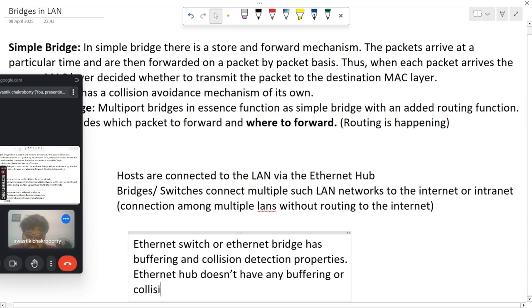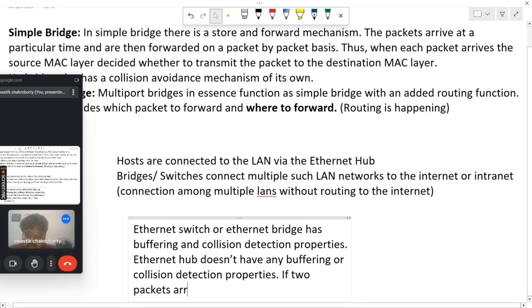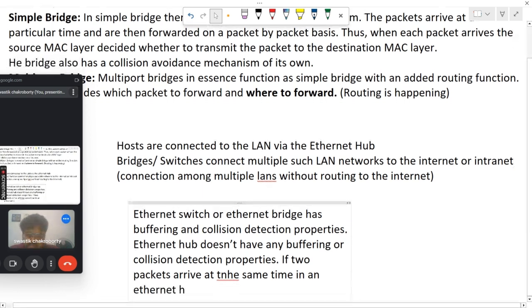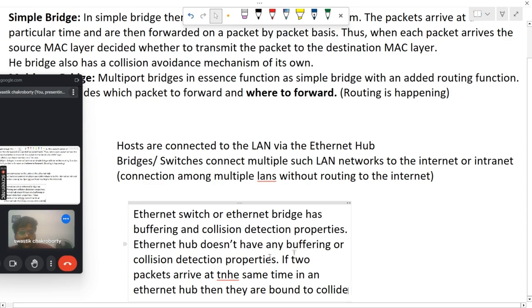So if two packets arrive at the same time in an Ethernet hub, then they are bound to collide.